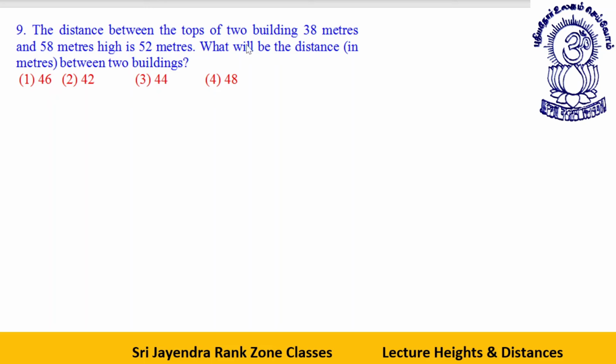The distance between the tops of two buildings, 38 meters and 58 meters high, is 52 meters. What is the distance between the two buildings? See students, there are two buildings. This is 38 meters, this is 58 meters.